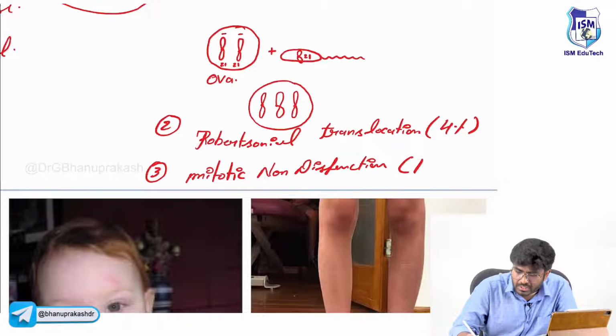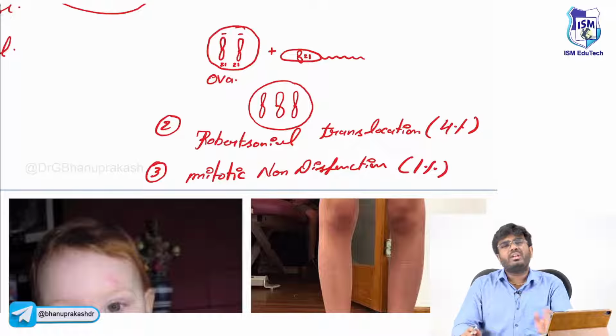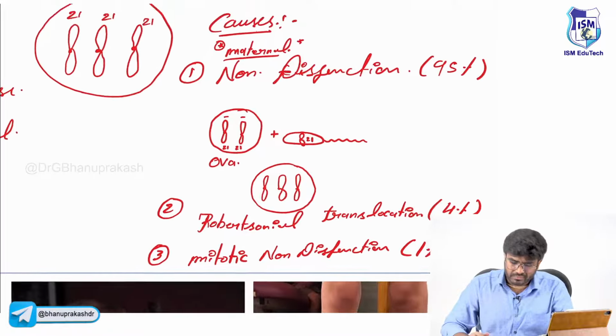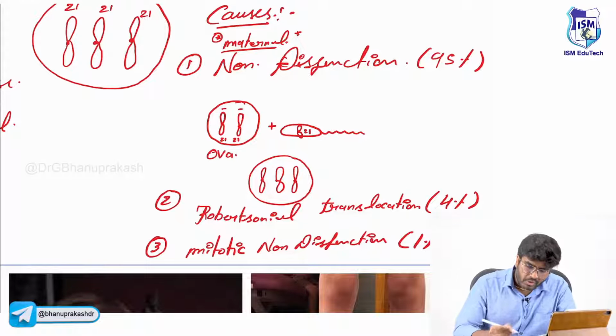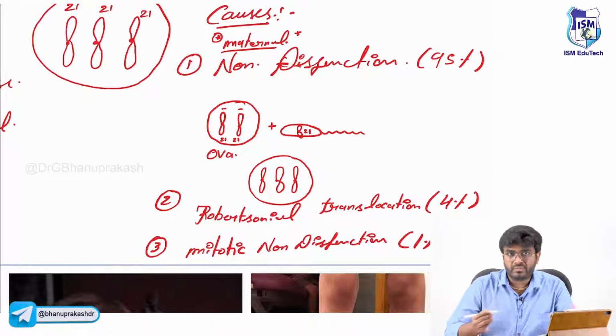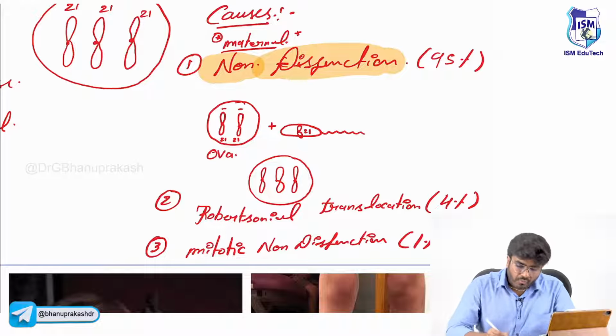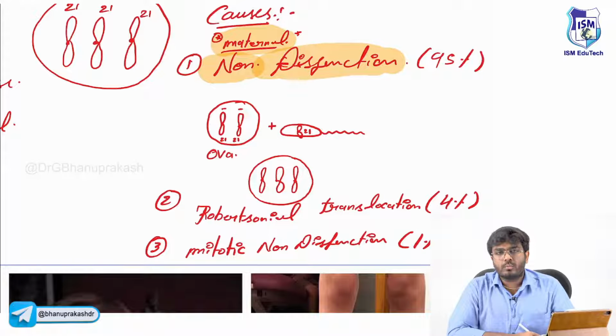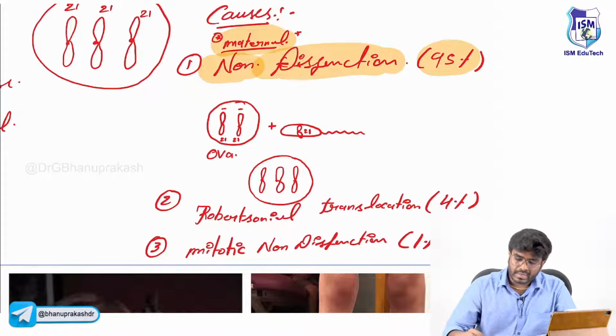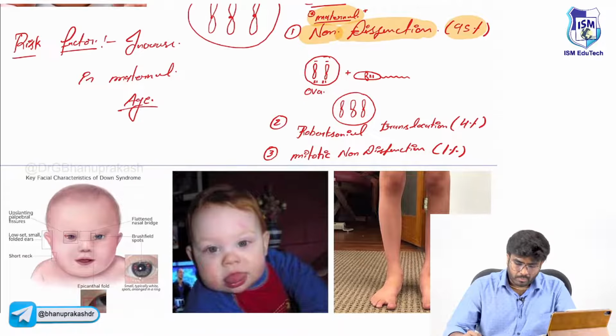Mitotic non-disjunction can also lead to Down syndrome, but only in very few conditions, about 1% of the cases. Now the most important point for your FMGE exams, and for the NEET PG exam also, is the non-disjunction of maternal chromosome 21 during meiosis, accounting for 95% of the cases. That's the important point I want you to know.